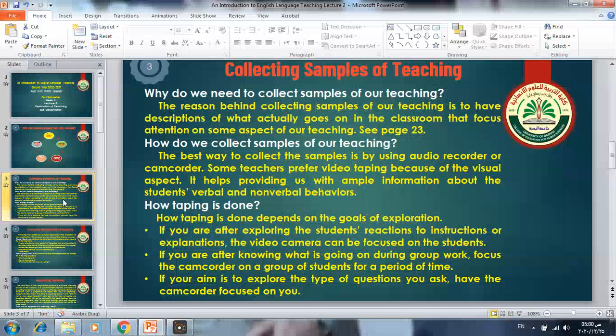So for example, sometimes in group work only one student works. Other times, many students are participating. So you have to know these things about the kind of interaction that happens inside the group work. So you focus your camera on that group.